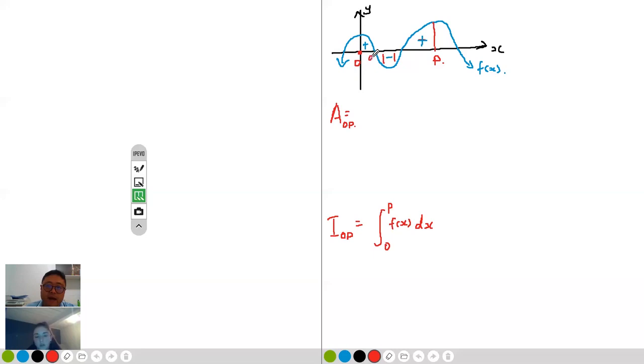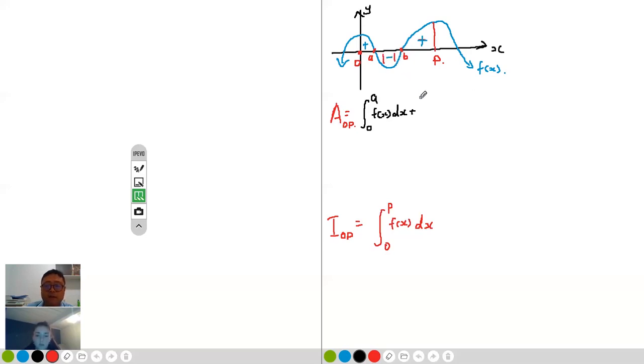So let's make that A and let's make that B, that point there and that point there. How would finding the area between O and P look? It would be the integral between 0 and A of f of x, plus this bit here, which we know is going to be negative.